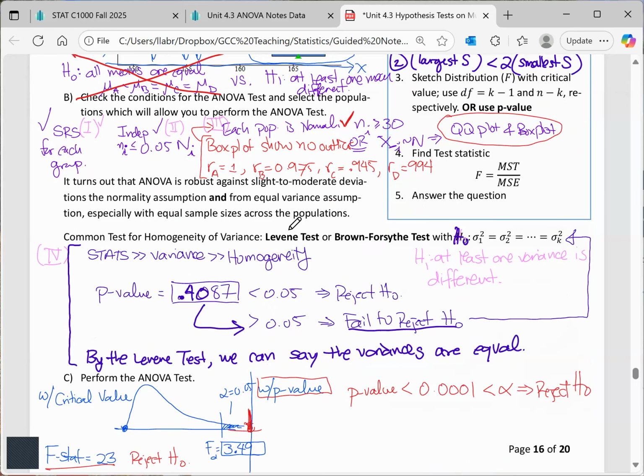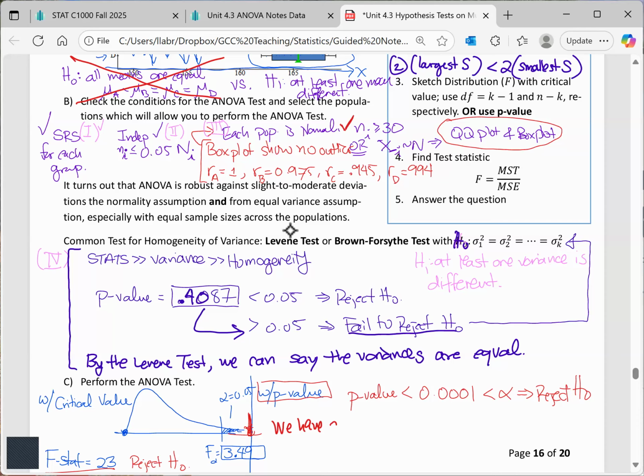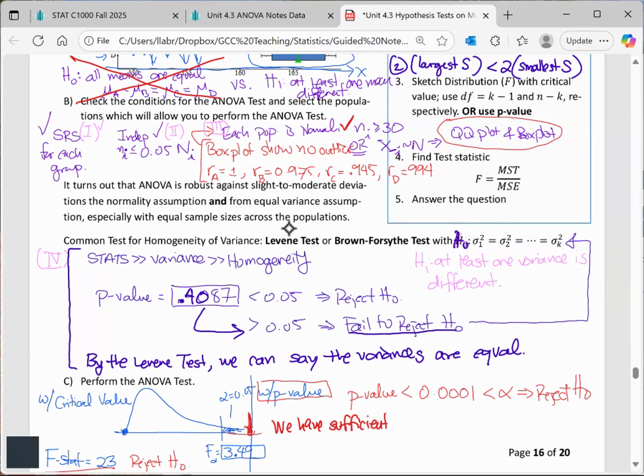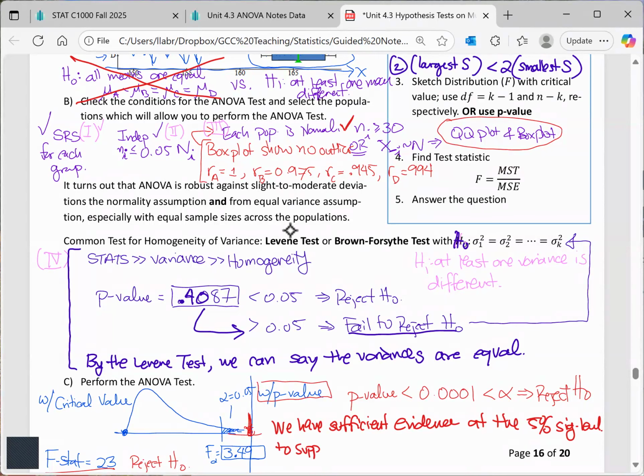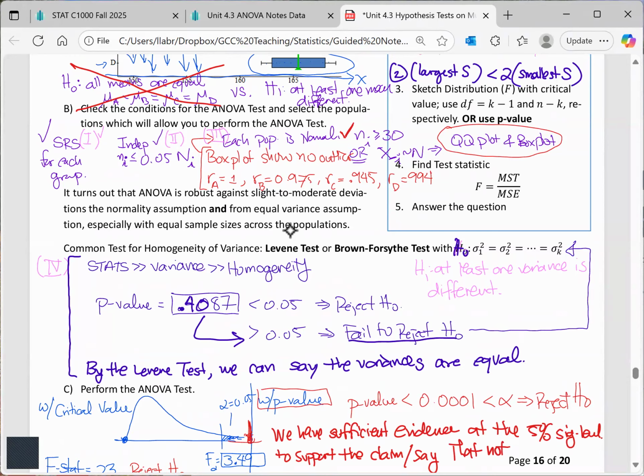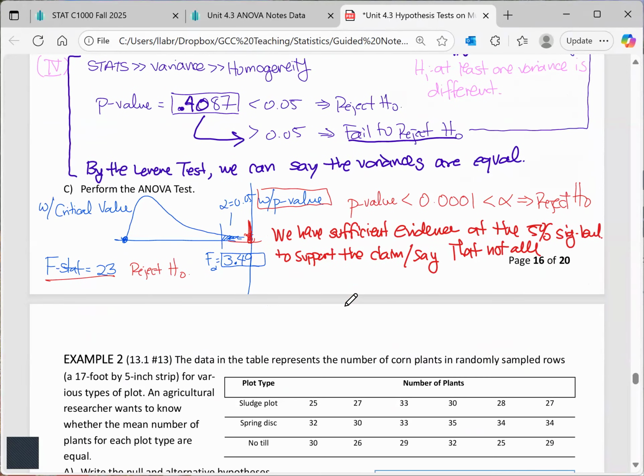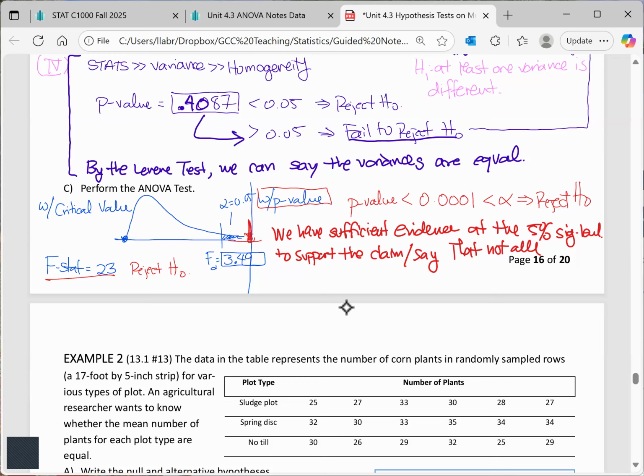So go ahead and rewatch this. Let me finish this. You reject the null, and we're going to say we have sufficient evidence at the 5% significance level to support the claim that not all mean braking distances are equal.